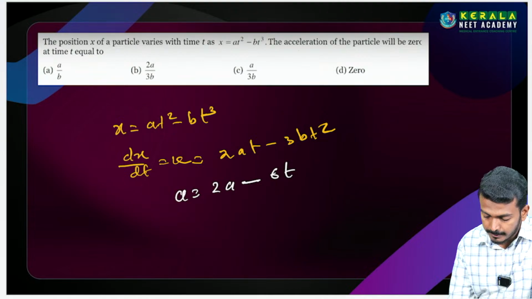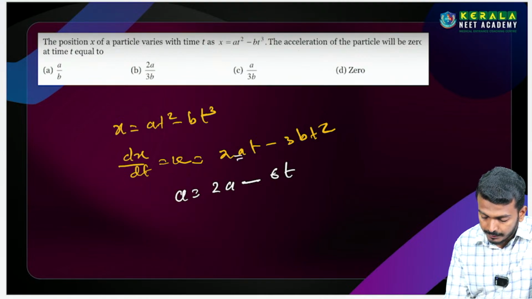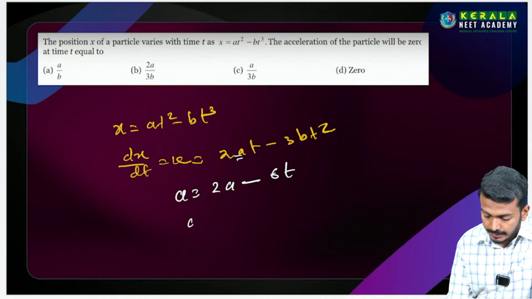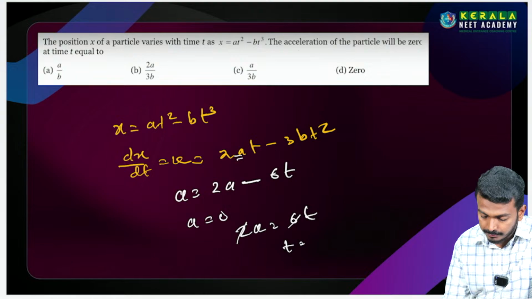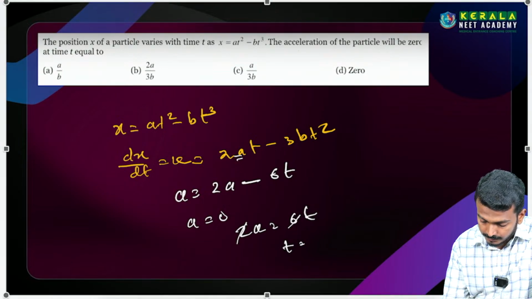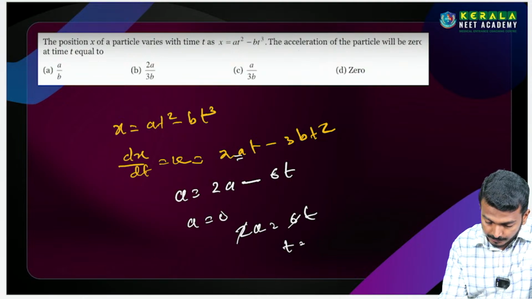Acceleration 0 means 2a minus 6bt. Acceleration value 0 means what answer will you get? 2a is equal to 6bt. There is b here, 3b, 3bt is there.